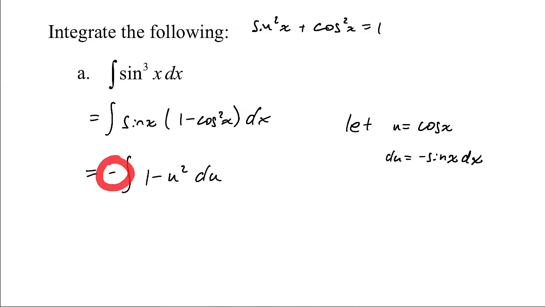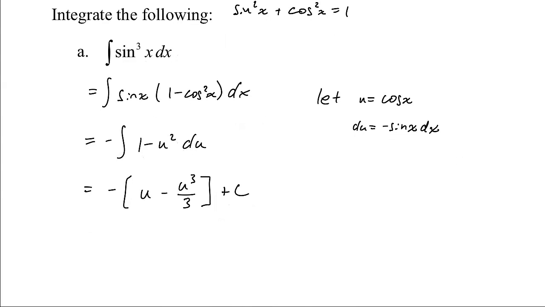That negative is coming from the negative here, so you need to move it over. So then this is negative of u minus u to the third over 3 plus c, and u is cosine, so this is negative cosine of x plus cosine to the third of x over 3 plus c. And that's all it is.